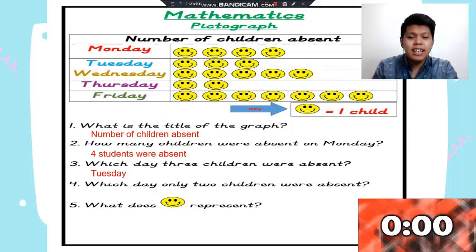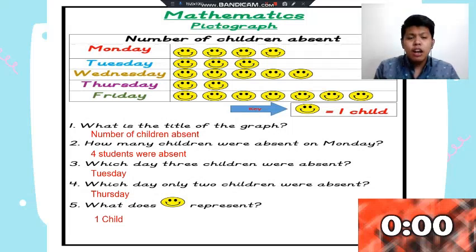Which day were three children absent? It was Tuesday. Which day were only two children absent? It's Thursday. And what does a smiley face represent? It represents one child. Okay?